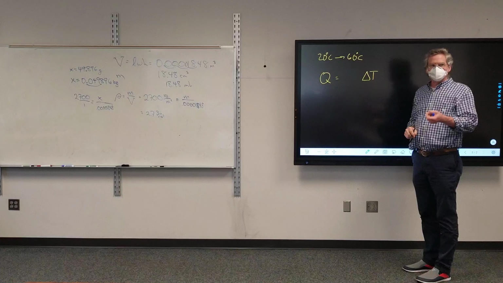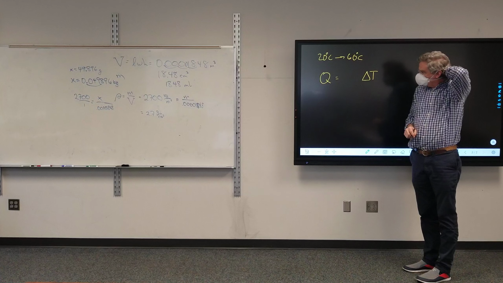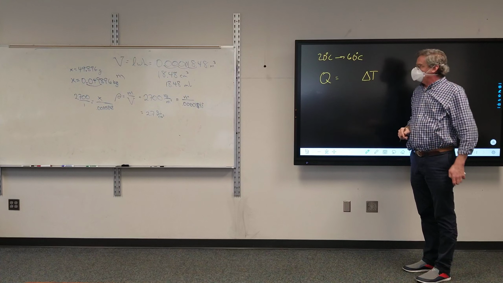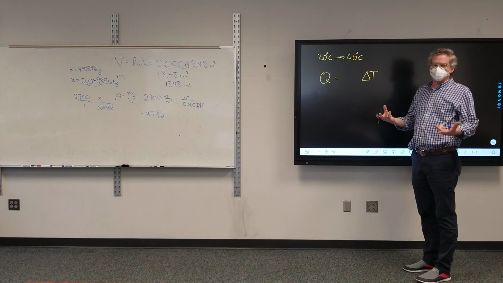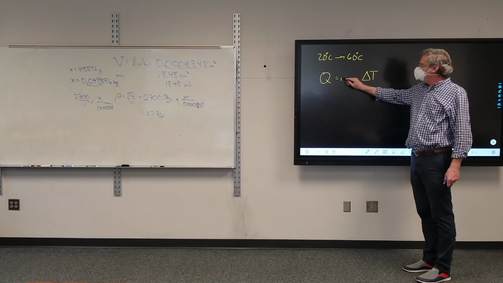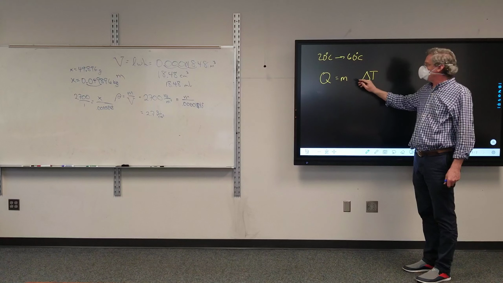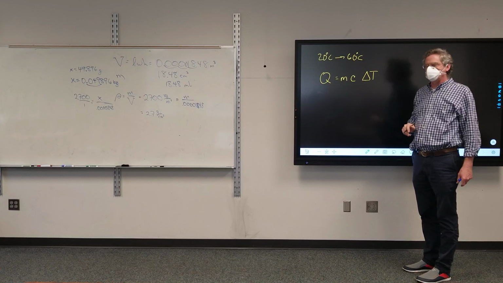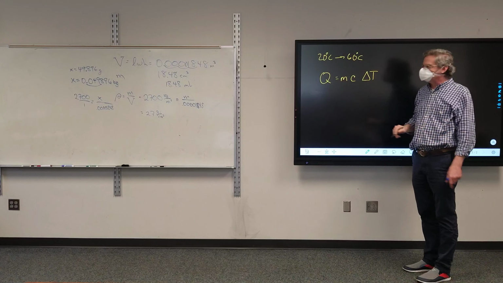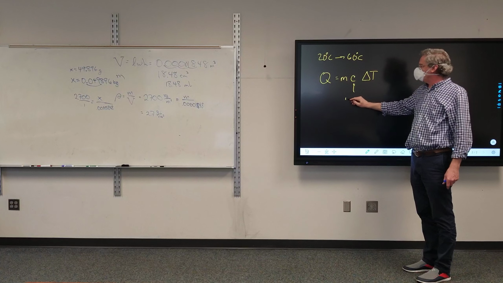But it also depends upon 2 other factors. It depends upon the mass of the object. And it depends upon something that is specific to that material. So this is a material-dependent constant.